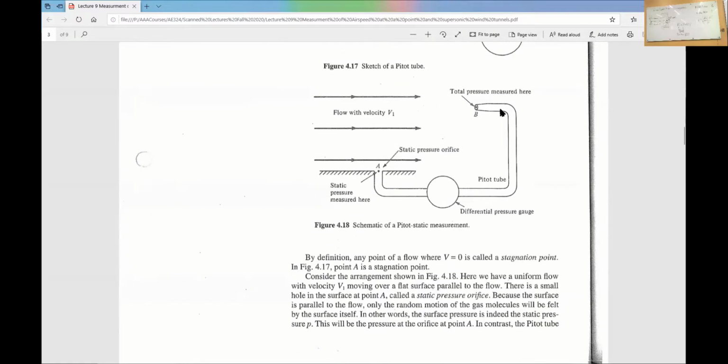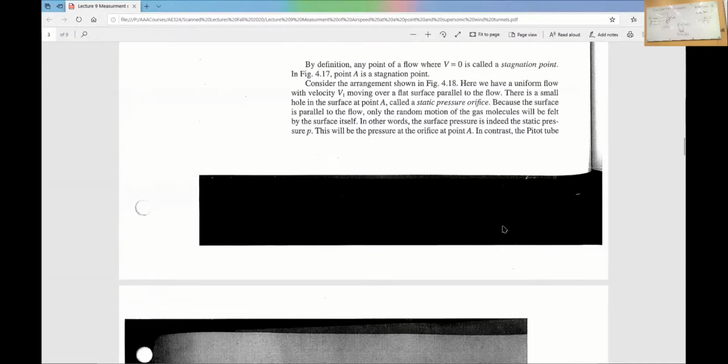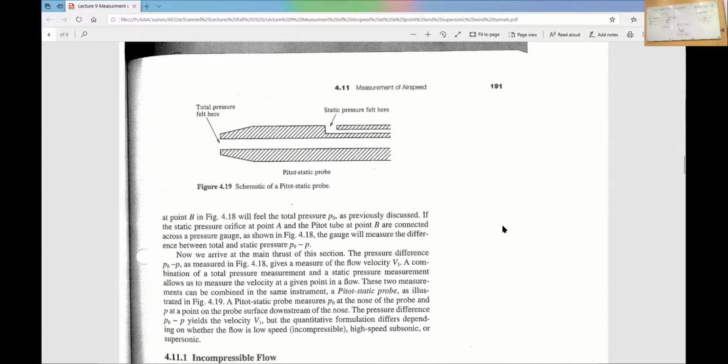And then you can put a Pitot tube combined with a hole on the side of a wall so that it only reads static pressure. There's no flow into the hole, so it doesn't get any of the velocity in there. And then you run it to a differential pressure gauge. Or you can combine the two together in what's called a Pitot static tube or probe. The flow comes into the end here, stops, and goes to a pressure gauge.